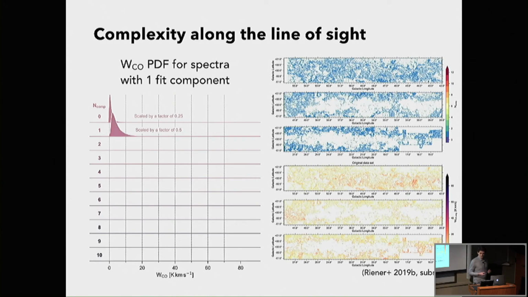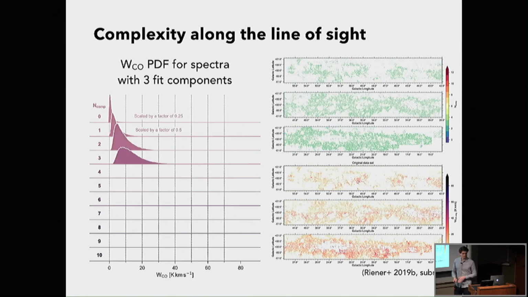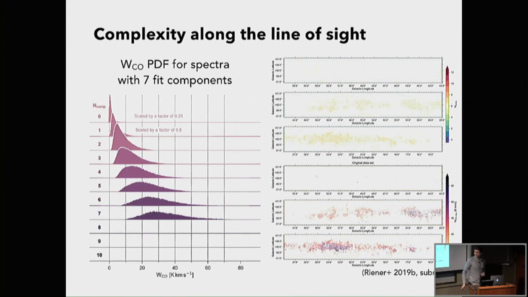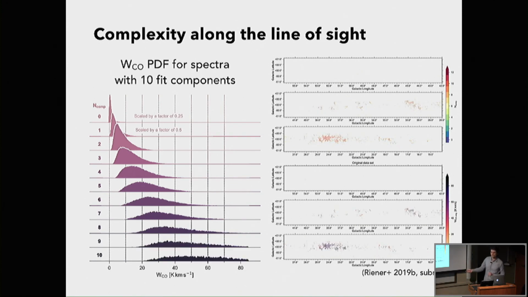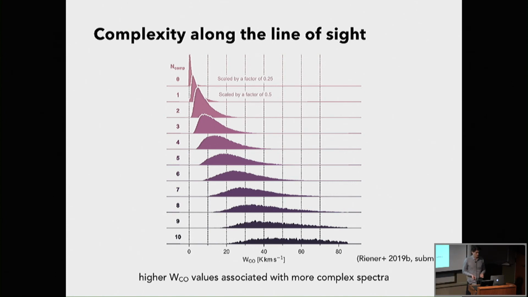I do the same thing for all the spectra where I fitted one component, two components, and so forth, and I really populate this plot with these probability density functions. What this shows is that if we measure high integrated intensity values for our spectra, they are more likely to be connected to more complex spectra, to more fit components in this case, but more structures along the line of sight. So you see here really a clear trend.